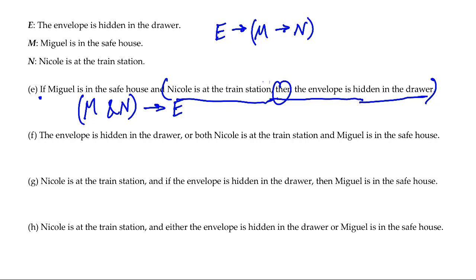Okay, F. The envelope is hidden in the drawer, or both Nicole is at the train station and Miguel is in the safe house. If you look at the first page of chapter 5, there's the symbol, what it's called, and the rough meaning. For conjunction, I've been treating that as and, and for disjunction, as or.